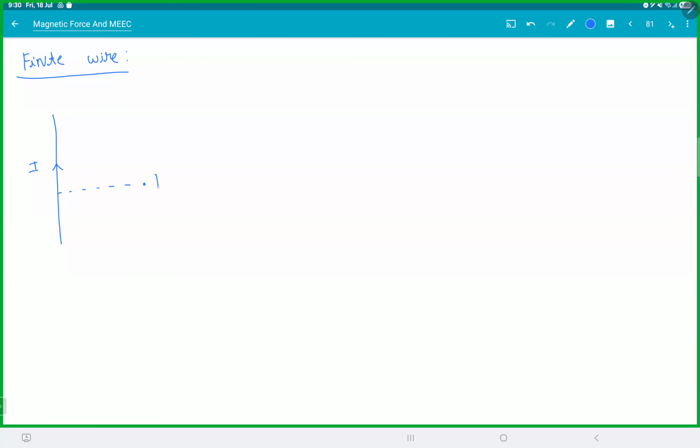So we have a point P here. Same thing. The angles are theta 1 and theta 2. Theta 1 is the angle with the upper one, and theta 2 is the angle with the lower one, and this distance is d.